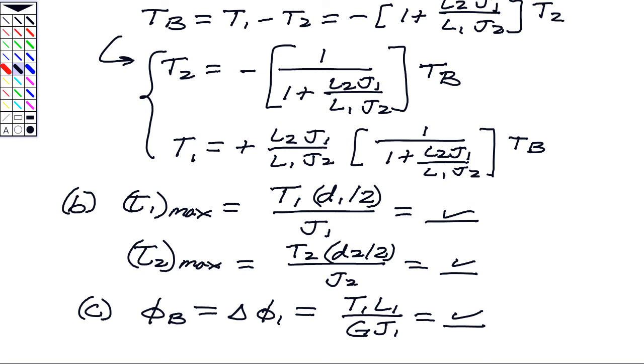It's over constrained. But that's fine. Then we need to use the rotational compliance of the shaft through our rotation equations and compatibility equations to get enough equations to solve for the two torques. Once we have the two torques, we can then calculate the maximum shear stress, as we did in part B, and the angle of rotation in part C.